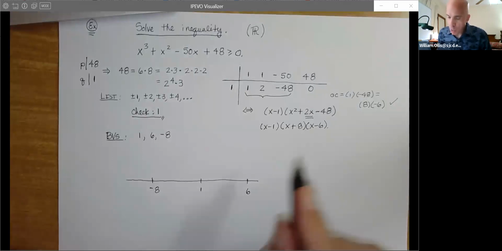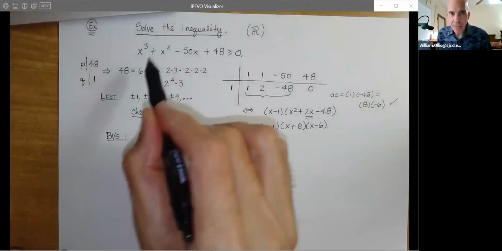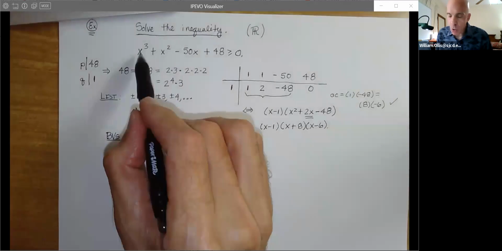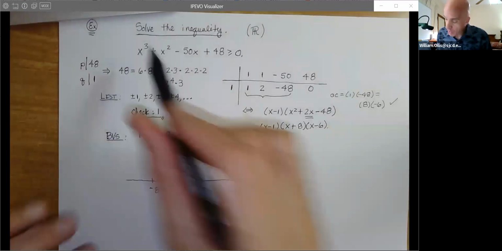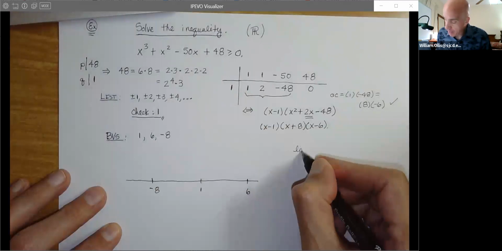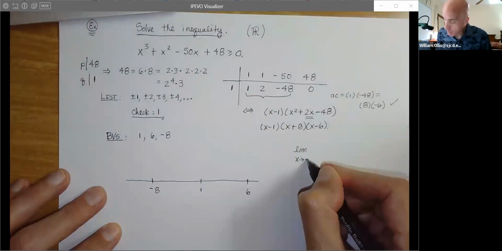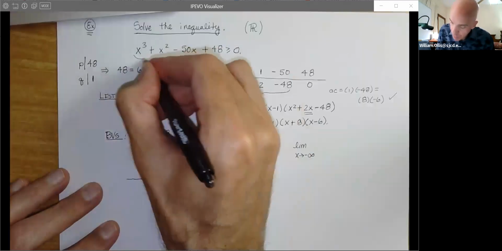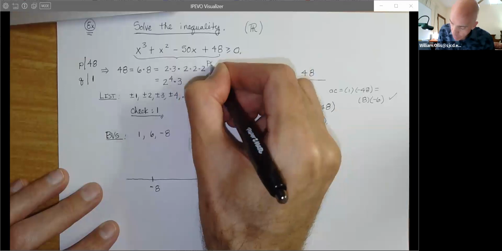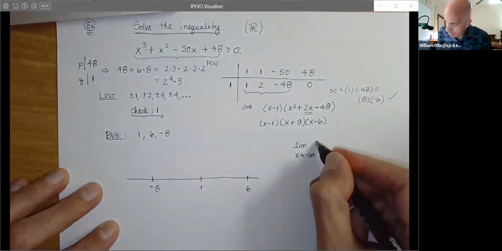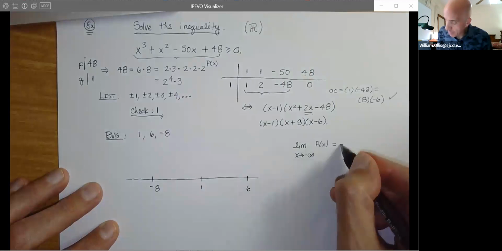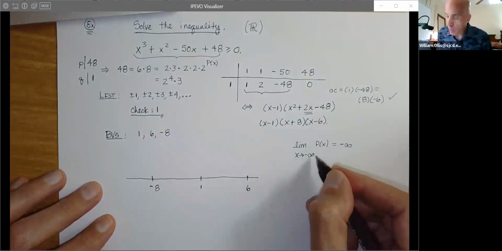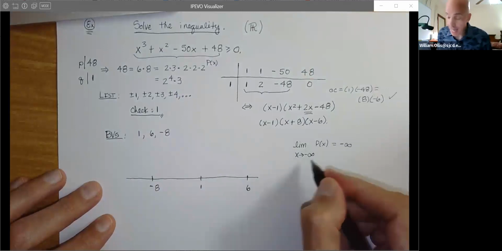Now, one thing we can notice is we can use our end behavior with the polynomials. This has a leading coefficient of 1, so we know that the end behavior, let's just say the limit as x approaches -infinity, and if you like, we can just call this p of x, will give us -infinity because we're raising a number that's very negative to an odd power to give us a -infinity.